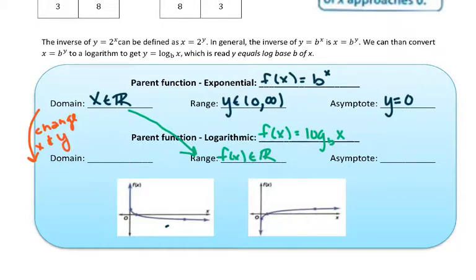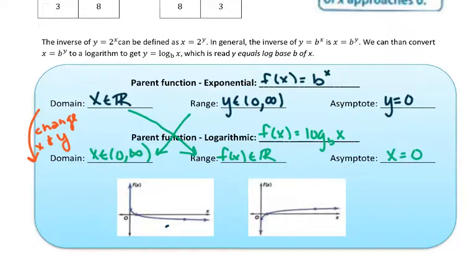All right, so your domain is now x is an element from 0 to infinity. Okay, your asymptote used to be y equals, so now it's going to be x equals.